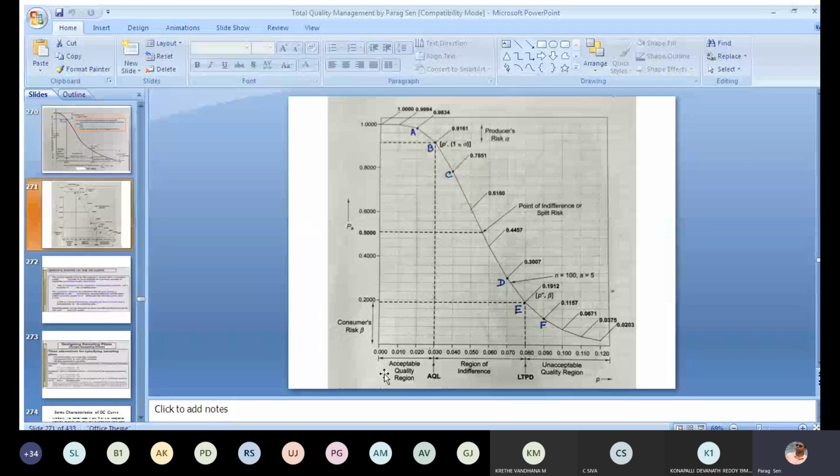But you also need to keep in mind that you should choose the points in such a way that you select that particular Poisson distribution curve where your n value is not very big.